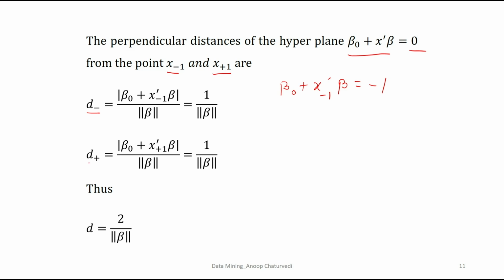Similarly, d plus is equal to mod of beta naught plus (x plus 1) transpose beta, which is equal to 1 divided by norm of beta. So, we get 1 upon norm of beta. So, the margin d is equal to twice upon norm beta.